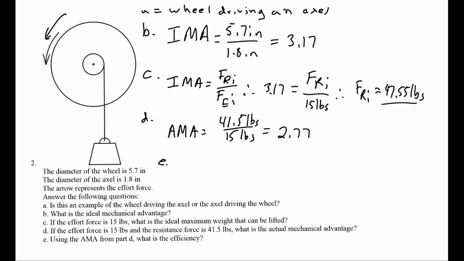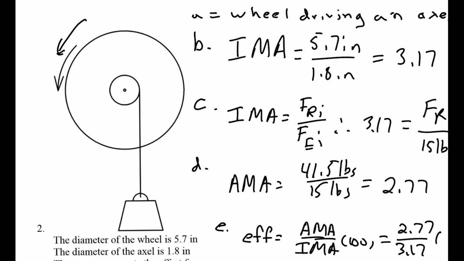And last one was the efficiency. And it's AMA over IMA times 100. And I'll do it right this time. So 2.77 divided by 3.17 times 100%.